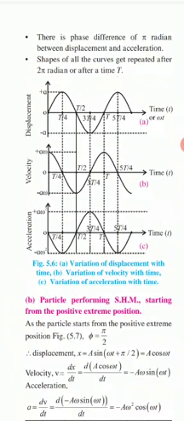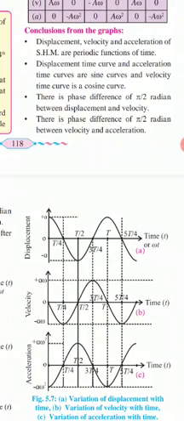If you see here, this displacement curve starts from origin O, and the acceleration curve also starts from origin O. But the difference is that after the origin, the displacement curve goes towards the positive extreme, and after the origin, the acceleration curve goes to the negative extreme. That is, displacement will be at plus a, and acceleration will be at minus a omega square.